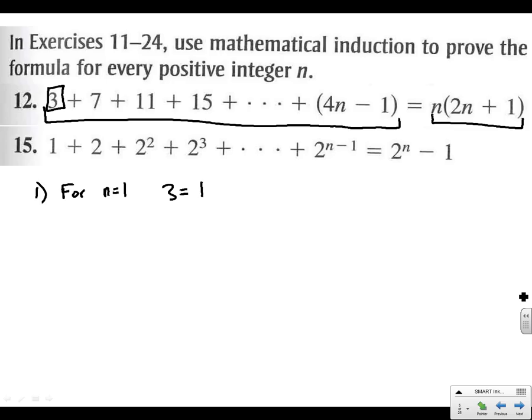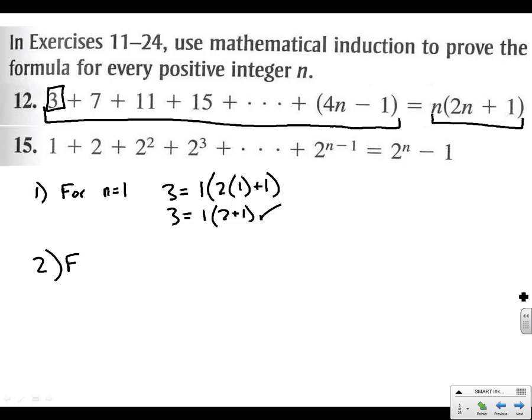So instead of n, we'll put 1. Instead of n, we'll put 1. And then let's simplify this and see if it worked. 3 on the left still. 2 times 1 is 2. Plus 1 is 3. Times it by 1. And that is definitely true. So we've proved it for 1.